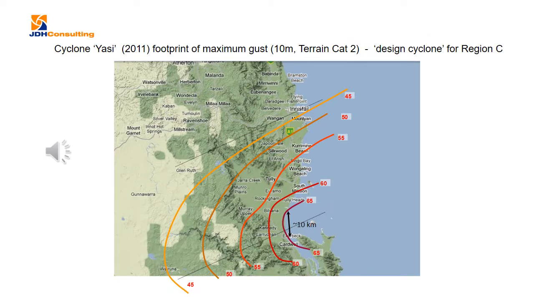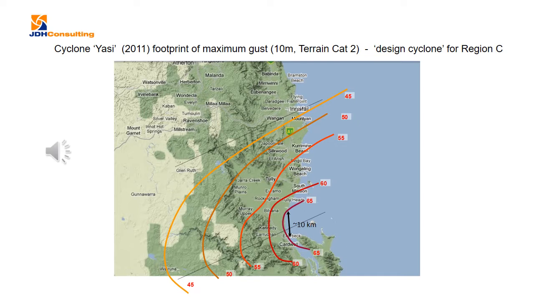Well, after Cyclone Yasi, which happened in February 2011, there was a lot of surveying of the strip of coastline that was affected and estimates made of the peak gust that occurred during the passage of the cyclone as it crossed the coast. And this is a chart showing the contours of that estimated maximum gust.